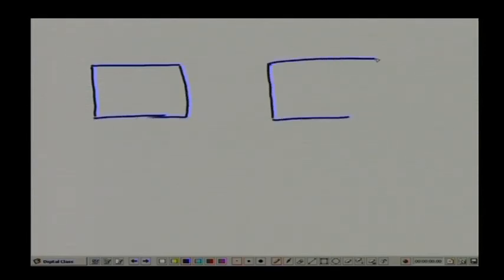So, our problem is like this. We have a left image and we have a right image. So, this is the left image and this is the right image.